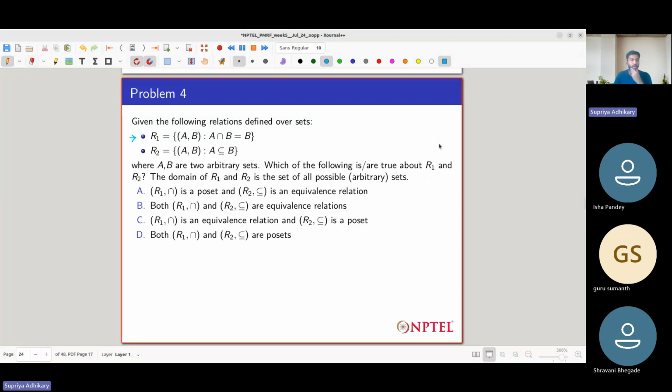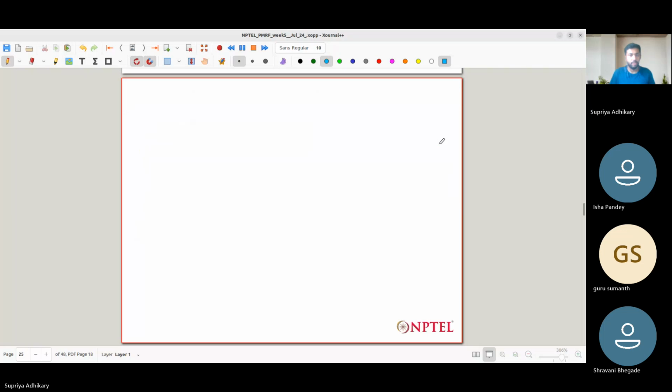So basically we have to figure out whether R1 and R2 are a poset or an equivalence relation for each one of them.